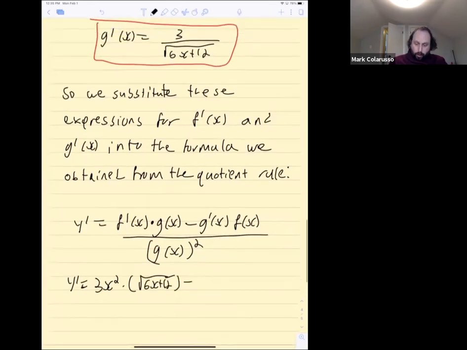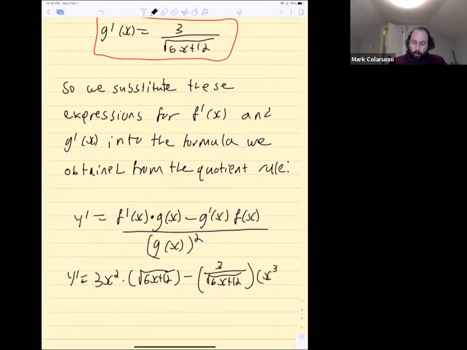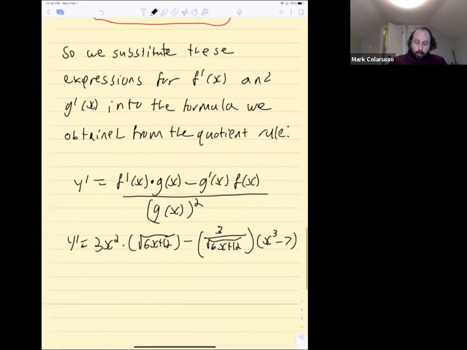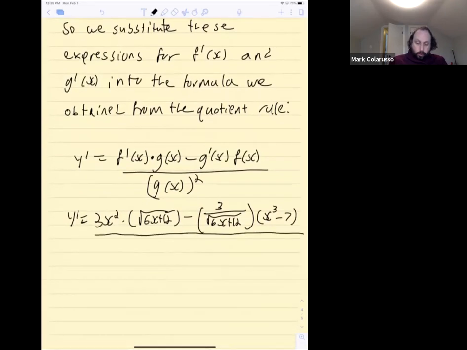You know, this is a little bit of a complicated gadget, so be careful with your parentheses, 3 over the root of 6x plus 12, times f, which was x cubed minus 7, over the root of 6x plus 12 squared. Now, this looks rather ugly, but we can simplify it actually in a nice way. So it might be worth doing a little bit of simplification here. So bear with me as we do some algebra.